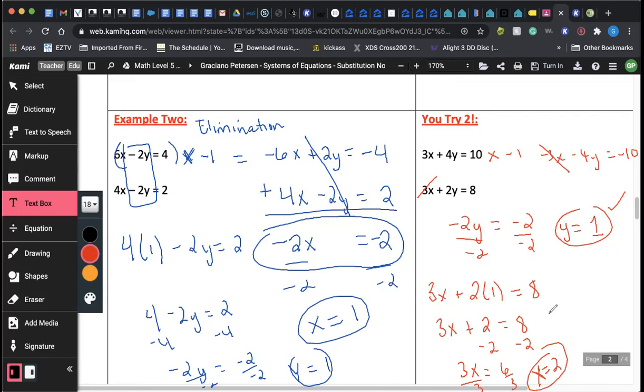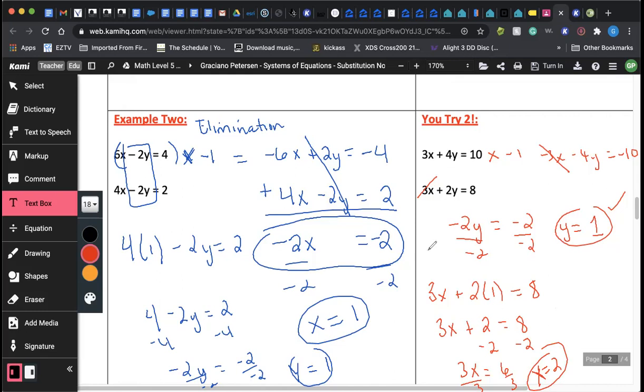All right. So substitution and elimination, right? Those are your first two ways to solve a system of equations. Basically, if you are looking at your system and see examples like you have here, where they are similar enough that if you use elimination, they can be easily eliminated, you're going to want to choose elimination.